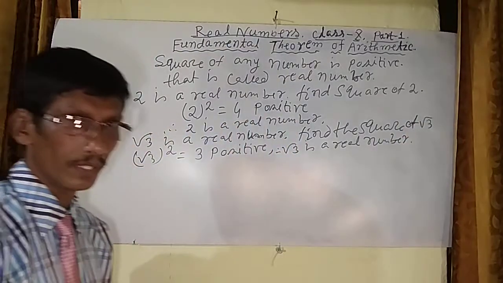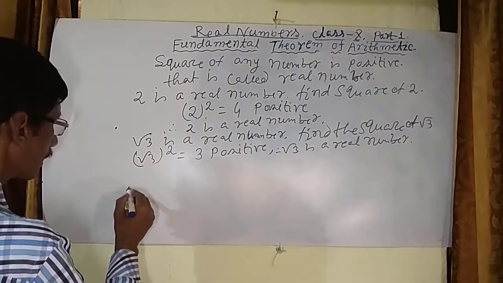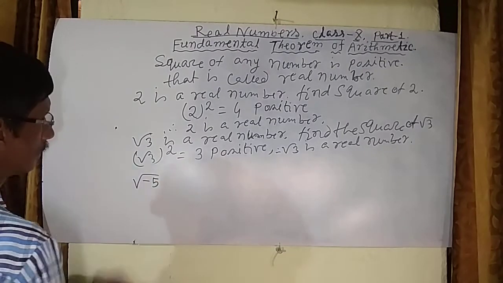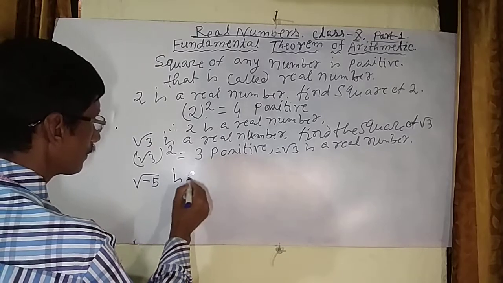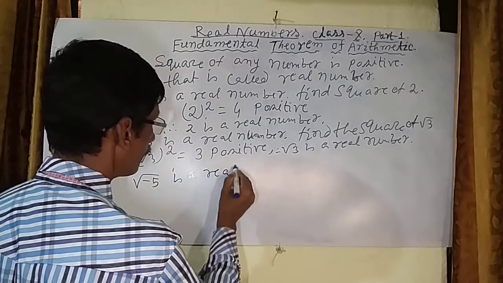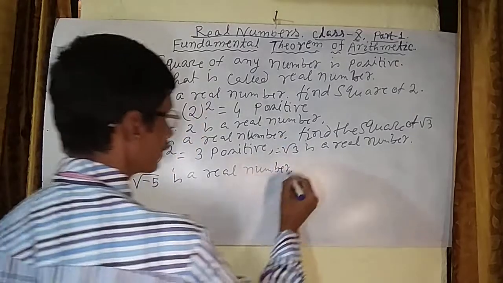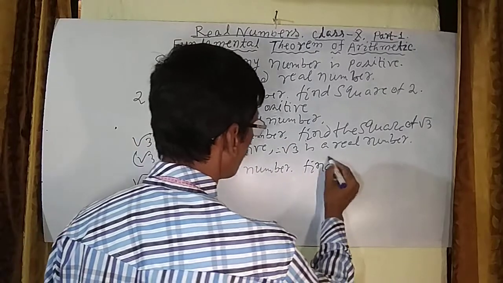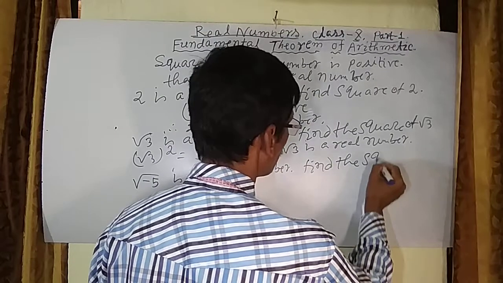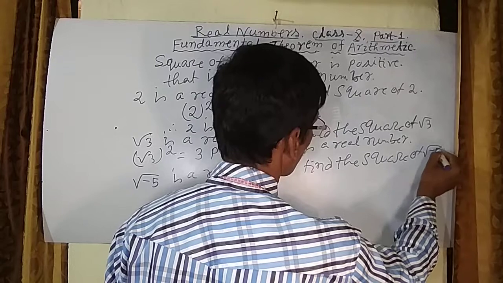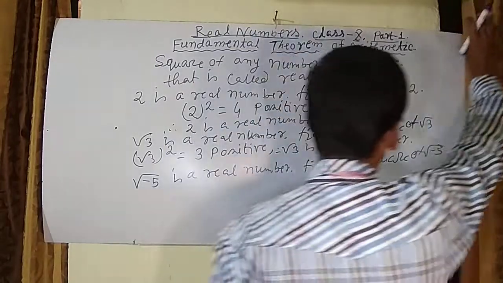Okay. Now take any example. Suppose minus root 5 is a real number. First of all, find the square of under root minus 5.